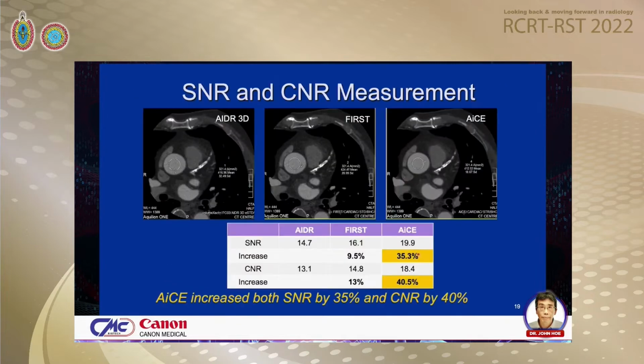You can see that this is iterative reconstruction, the old method, the newer method first, and then using artificial intelligence, you can see that by using AICE, the increase in signal to noise ratio was 35% and contrast to noise ratio was 40% compared to iterative reconstruction.